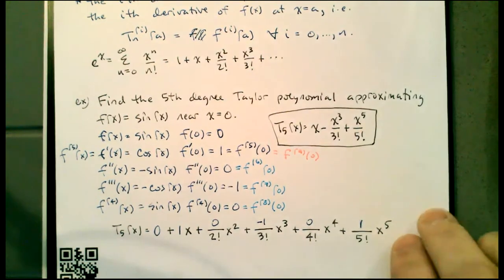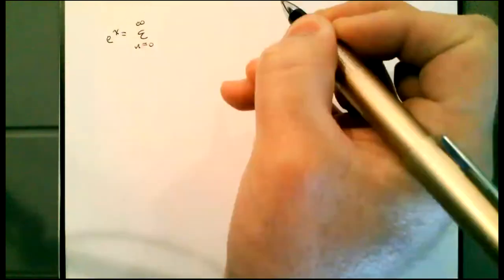So what we have, we're trying to build a list of Taylor series that we recognize. So we've got e to the x is the series as n goes from 0 to infinity, x to the n over n factorial.